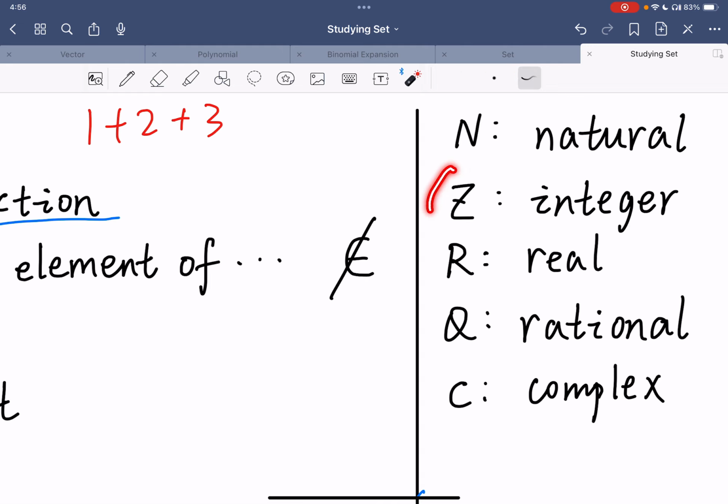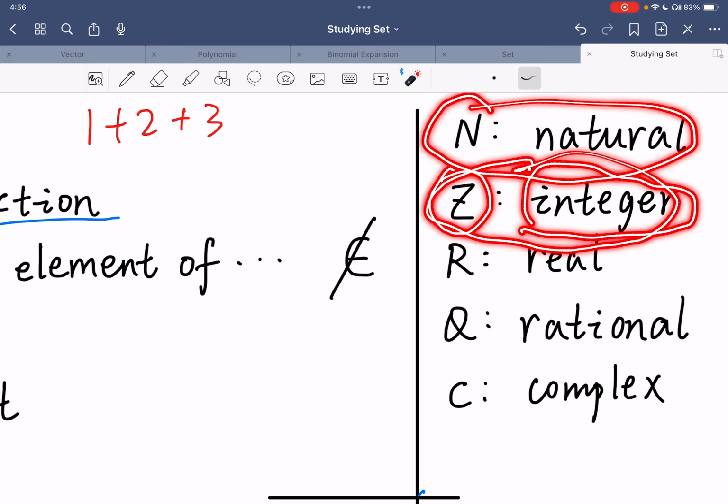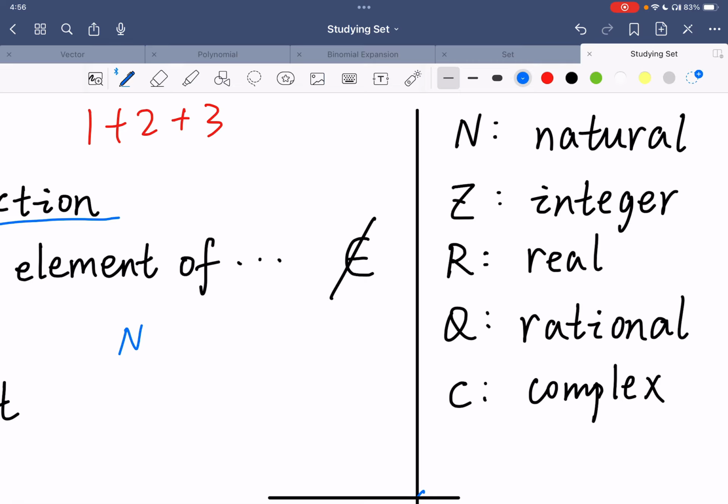Second, the letter Z represents integers. So absolutely, this one contains this one. So we can say the set N is a proper subset of the set Z. All right, we can apply the knowledge points we just learned to this case.